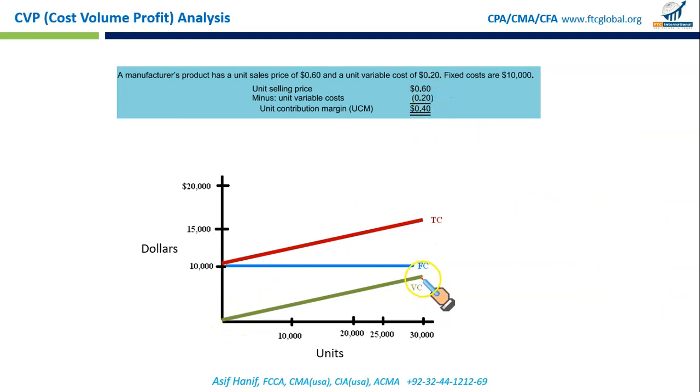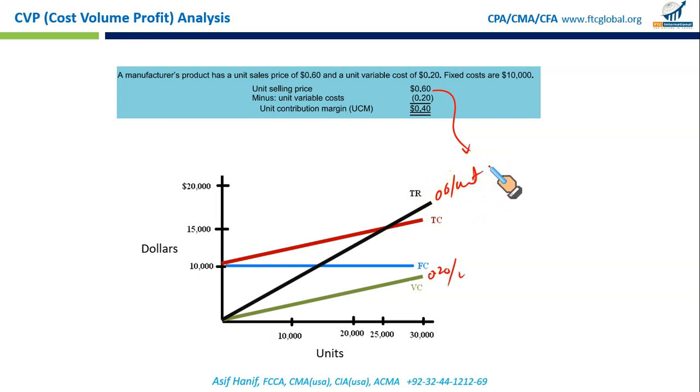Remember, this is your variable cost, which is $0.20 per unit, is flatter. But the revenue line is steeper because it's 0.60 per unit. So when you construct the revenue line, here it is, it's steeper than the variable cost.